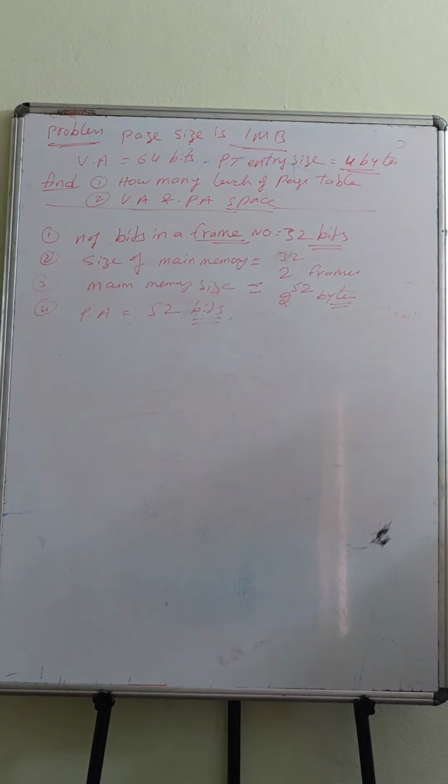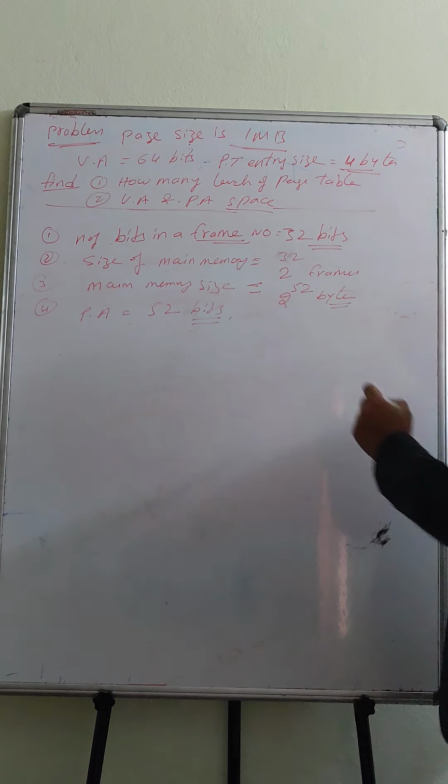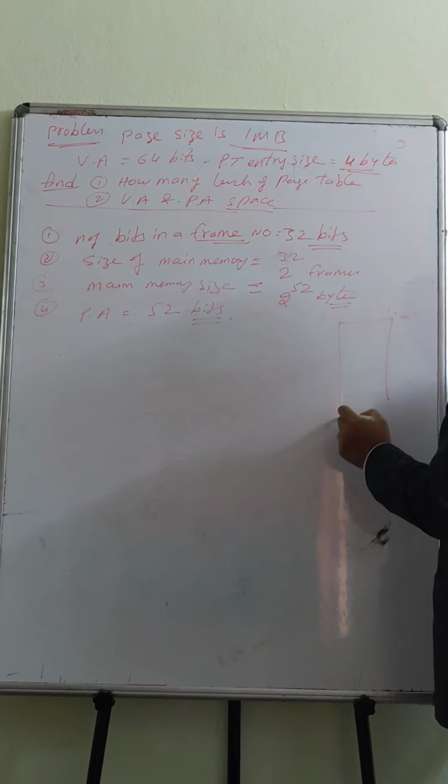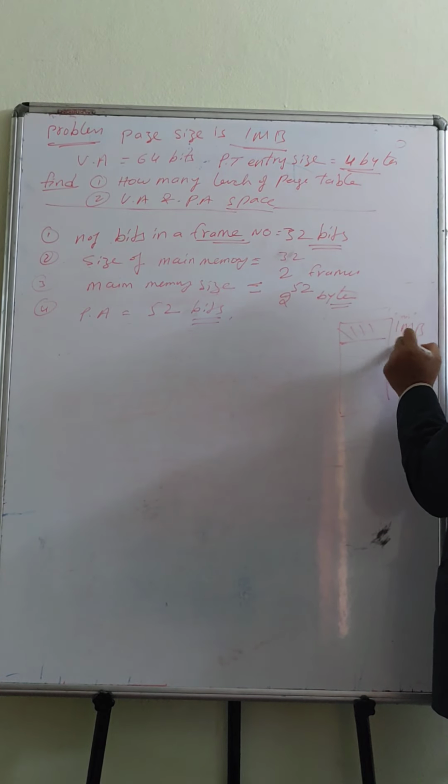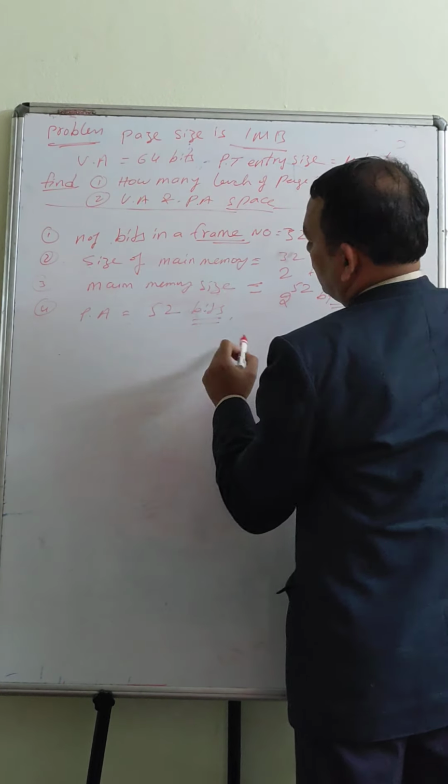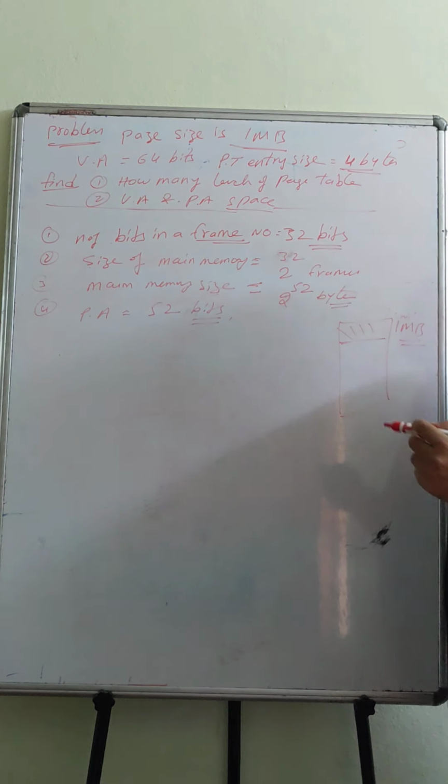Now one frame is equal to 1 MB and page size is also 1 MB. Then how many bits are needed?